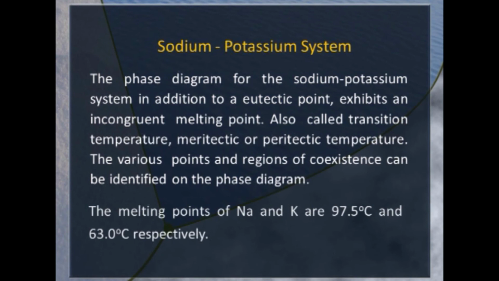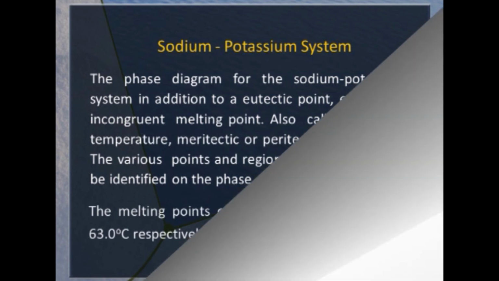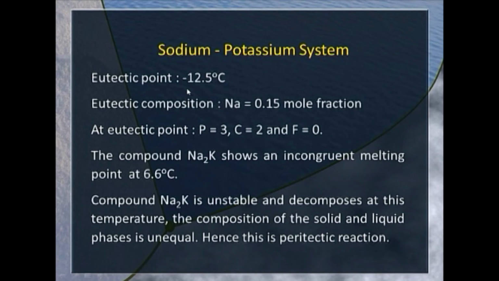The melting points of sodium and potassium are 97.5 degrees centigrade and 63.0 degrees centigrade respectively. Other details are given here. The eutectic point corresponds to minus 12.5 degrees centigrade. The eutectic composition corresponds to sodium 0.5 mole fraction.